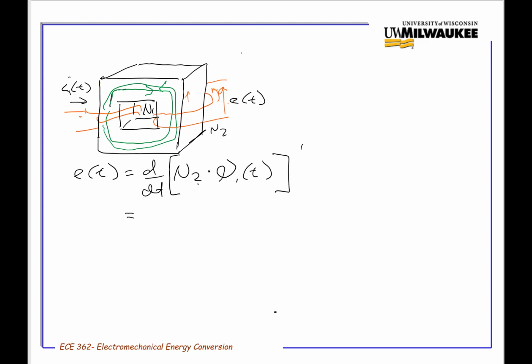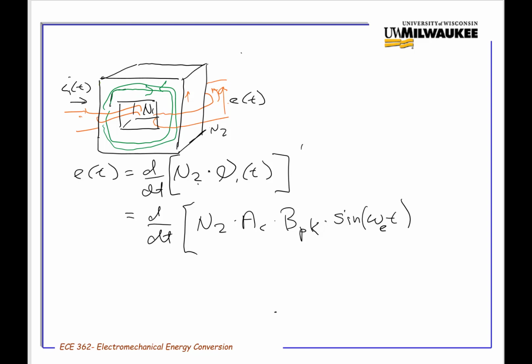And what that is, is the derivative of N2 times the area of the core times the peak flux density times the sine of omega t.